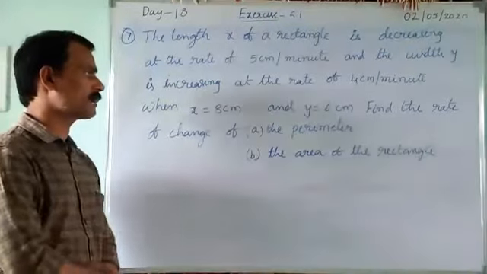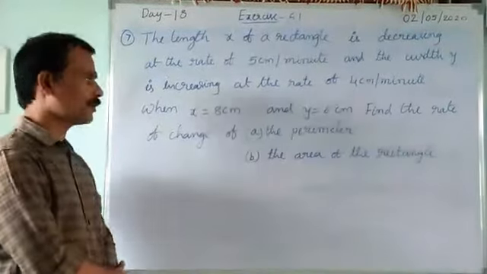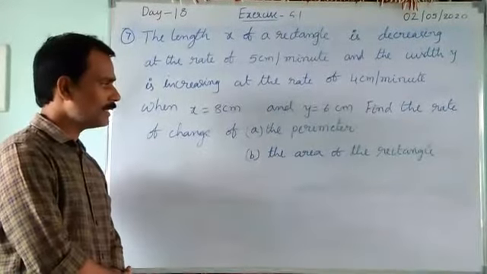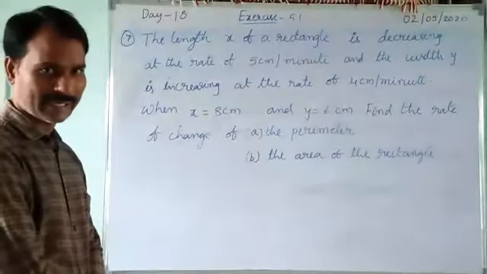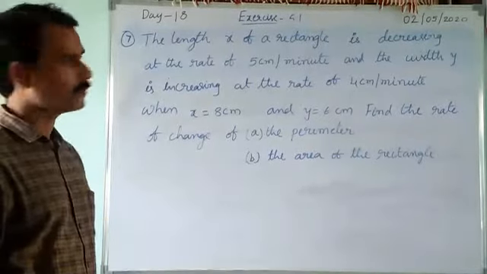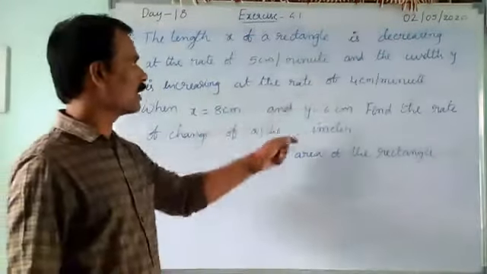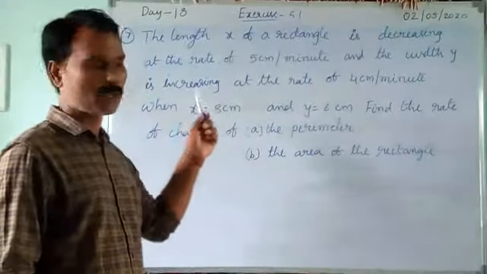When x is equal to 8 centimeter and y is equal to 6 centimeter, find the rate of change of the perimeter and the area of the rectangle. Both we have to calculate. Guys, already this is an example problem. Yesterday we discussed. So same matter only, just change the numbers here. Just understand the example problem.